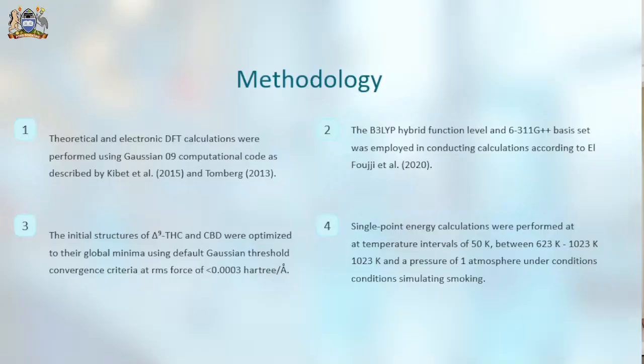The initial structures of these cannabinoids, THC and CBD, were optimized to their global minima using the Gaussian threshold convergence criteria at a root mean square force of less than 0.003 Hartree per angstrom.